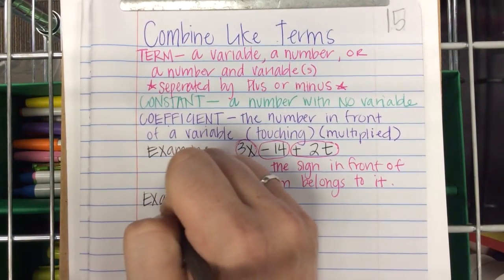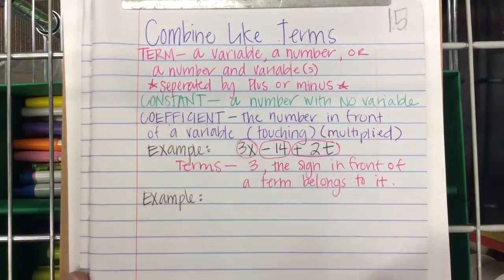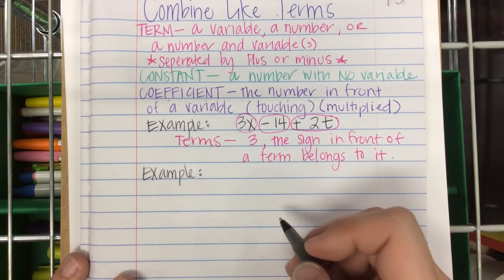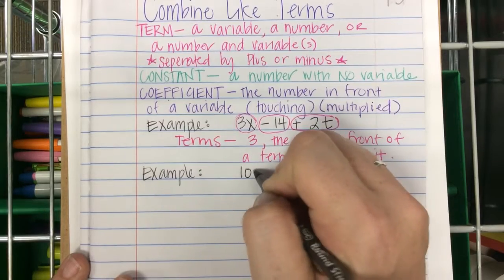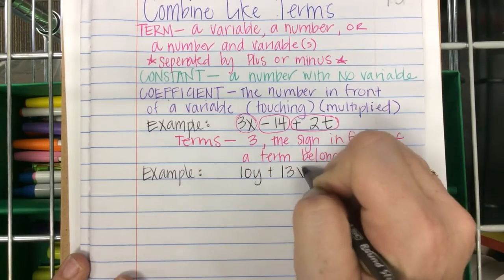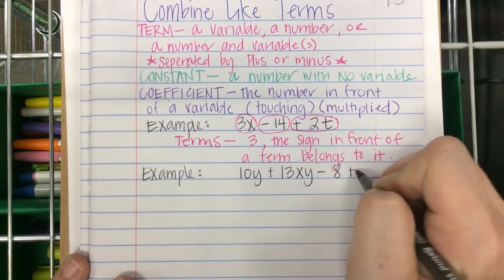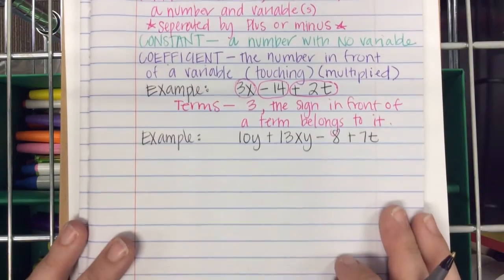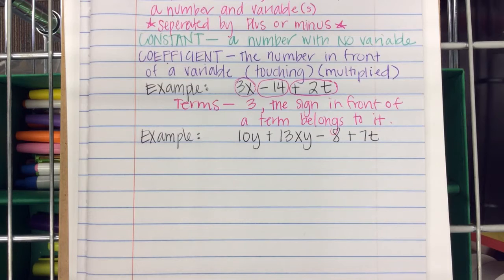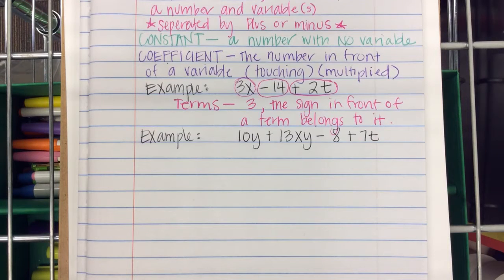Let's try another example. 10y plus 13xy minus 8 plus 7t. Can you tell me how many terms are in this problem? How many things are separated by pluses and minuses? Show me on your hands.